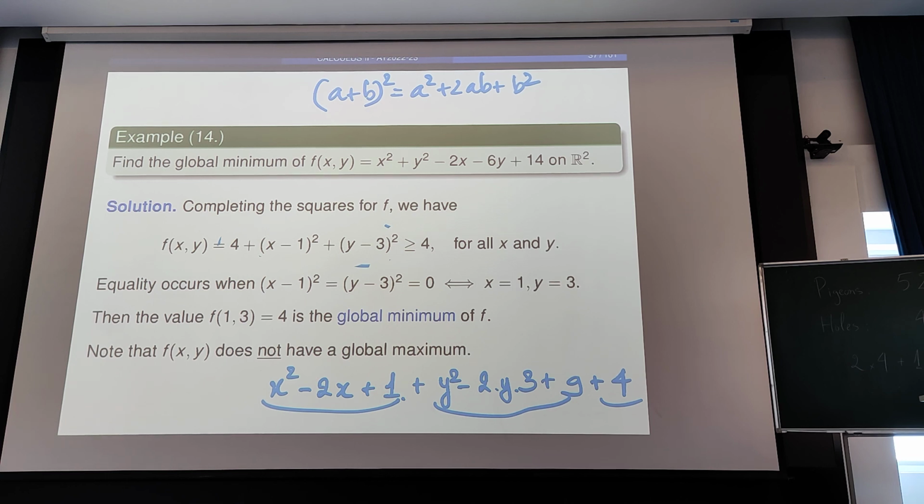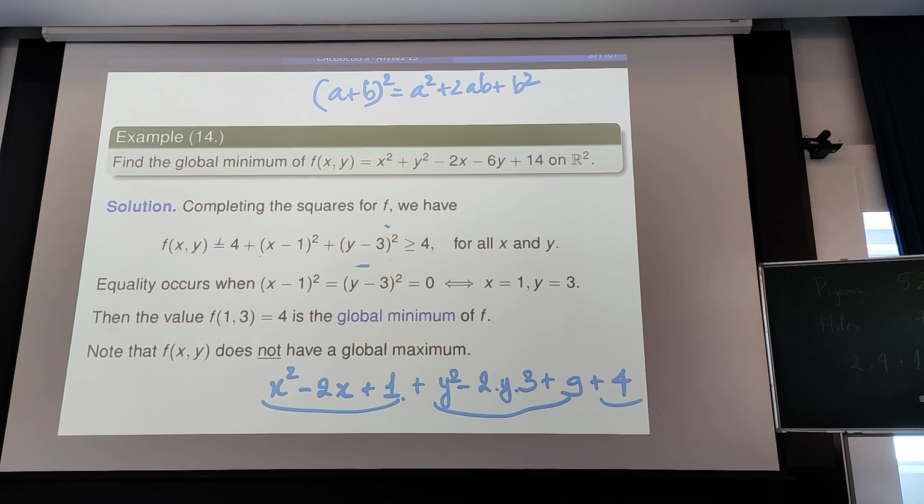That is the reason we have this sentence. The equality occurs when the two squared numbers are equal to 0, right? So you can easily solve the two equations to get x equal to 1 and y equal to 3. Okay?